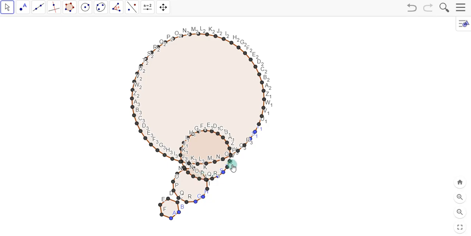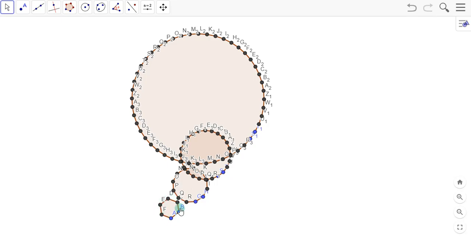So what we are going to do here is find the circumference of the polygon.